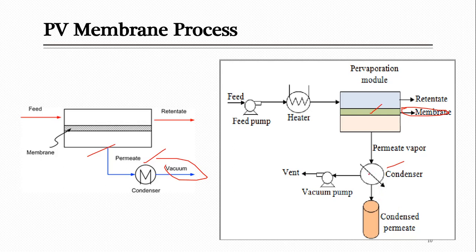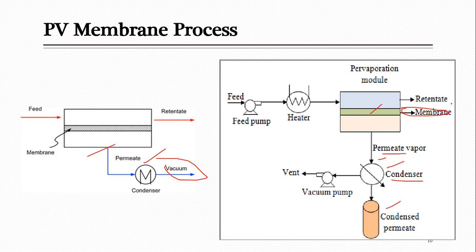If it is not a full condenser and you are using a partial condenser, then in that case some part of the permeate entering here is converted to condensate, and some which stays in the form of vapor just goes through this line. Here in these cases we apply the vacuum mostly with the help of a vacuum pump.